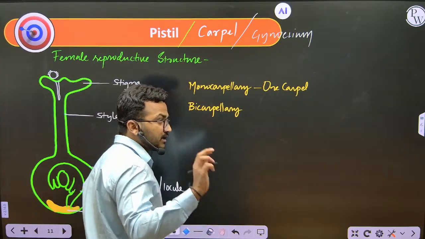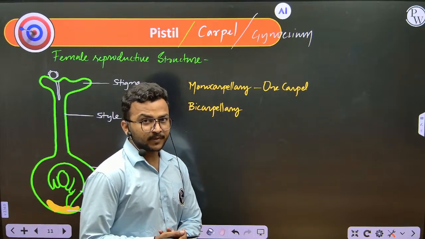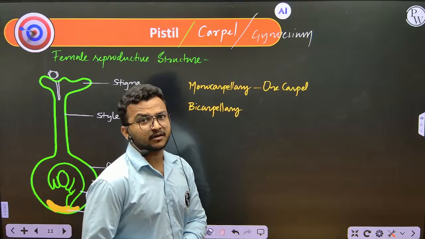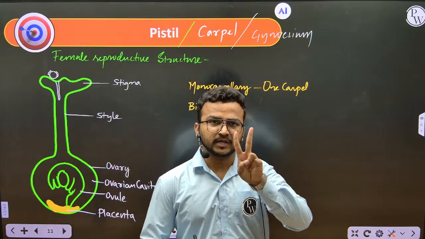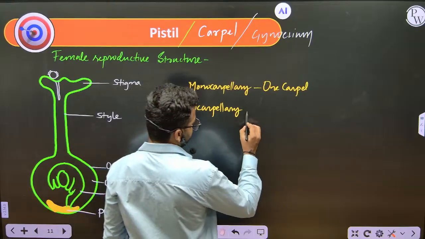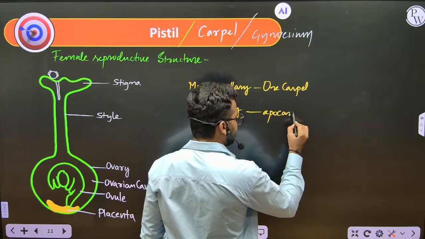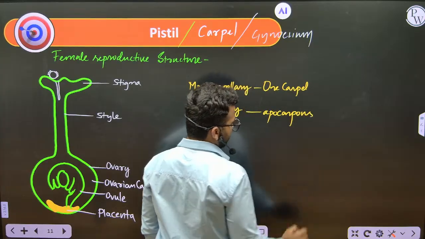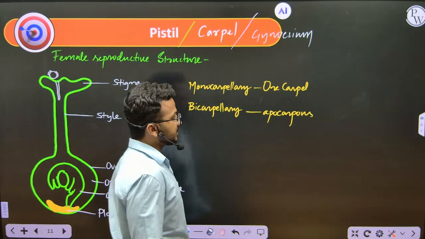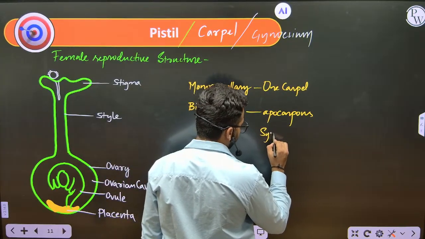When more than one carpel is present, we will see two types of flowers there. One is apocarpous, which you already learned in Morphology of Flowering Plants in 11th grade, and another one is syncarpous.